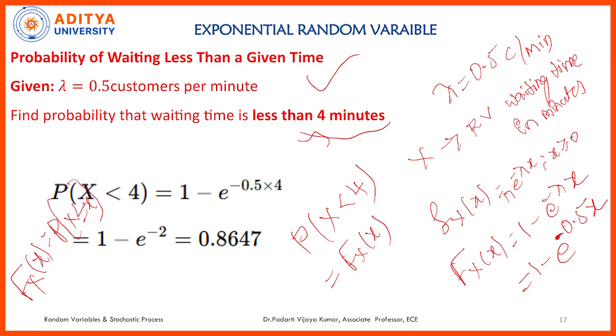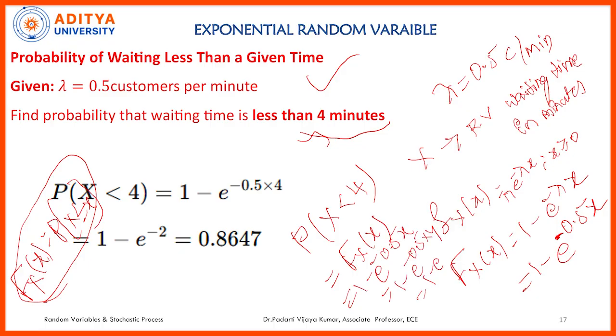The distribution function is 1 minus e power minus 0.5 x, but here x is 4. So, 1 minus e power minus 2, whose value is 0.8647. So, there is an 86.47% chance that the waiting time is less than 4 minutes.